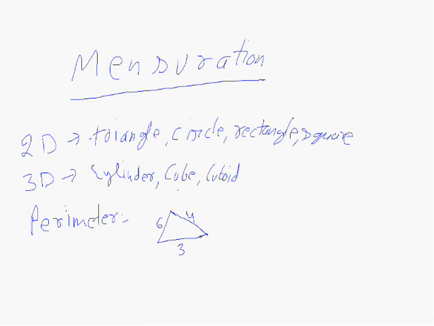To find the perimeter of this figure, we simply add the sides: 3 plus 4 is 7, 7 plus 6 equals 13. The perimeter of this figure is 13 centimeter. So simply, the perimeter means the length of the boundaries.